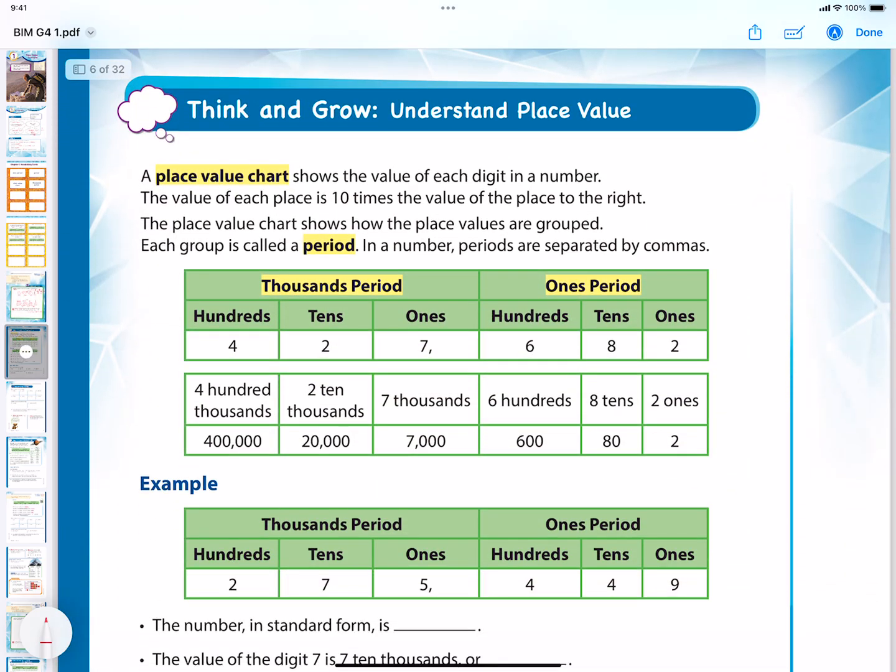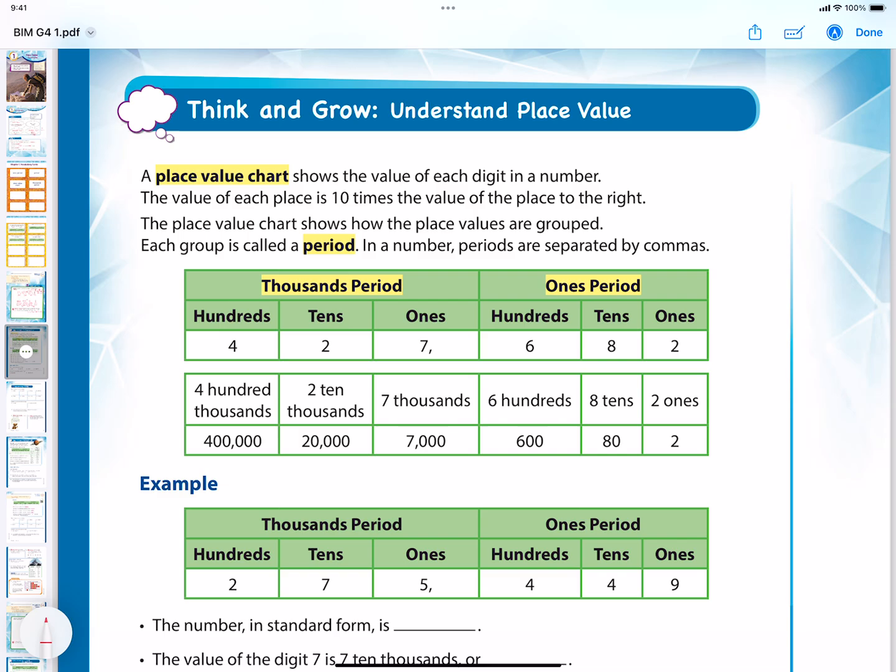A place value chart. This is the second page. A place value chart shows the value of each digit in a number. The value of each place is 10 times the value of the place to the right. The place value chart shows how the place values are grouped, and each group is called a period.